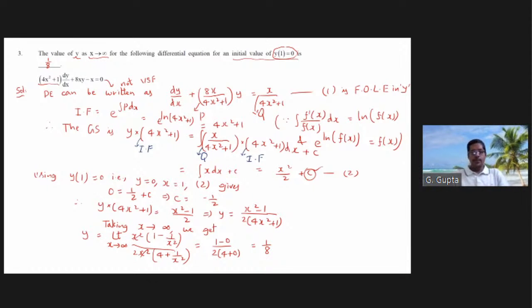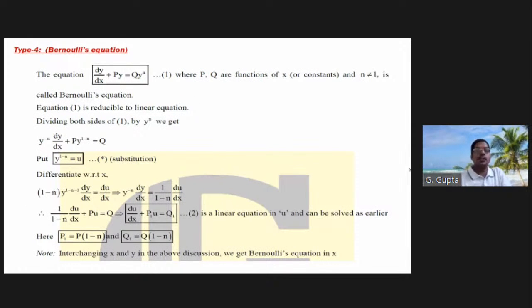The last method, when the given problem is not solved by variable separable or linear equation, can be solved by Bernoulli's equation, that is a non-linear equation in y. Type 4, Bernoulli's equation. Actually, this is type 3, previous one type 2. The equation dy by dx plus p into y is equal to q times y power n.